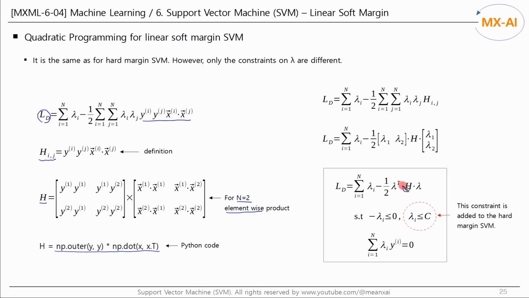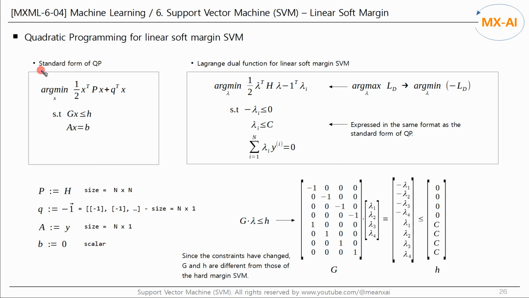Using the matrix H, the dual function can be expressed as follows. The objective function is the same as that of the hard margin SVM, but the constraints are different. This constraint has been added. Now we convert this problem into the standard form of QP and define each matrix.